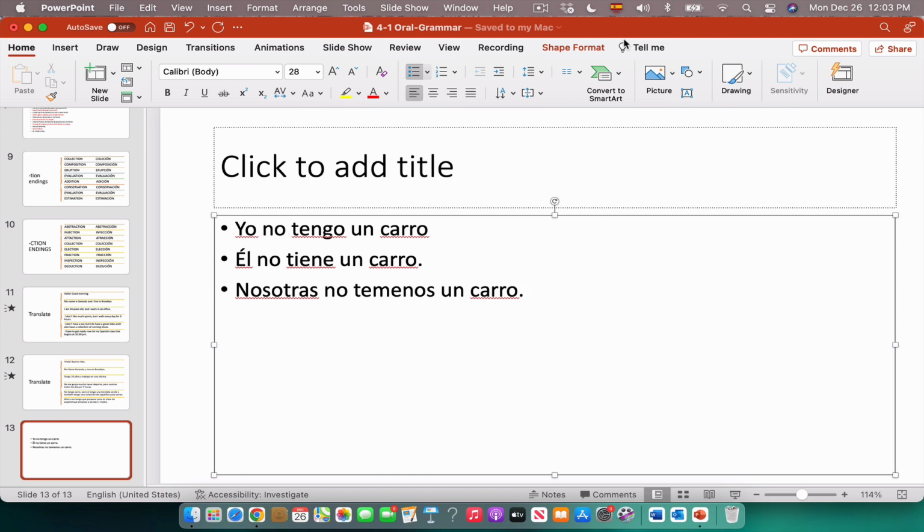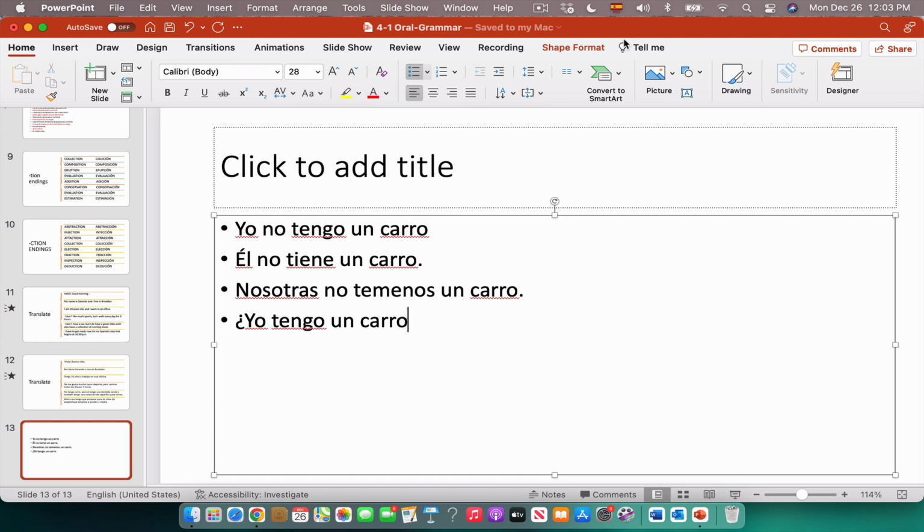If you want to sound like a question, it doesn't matter how you write the sentence, but you stress the verb. Tengo yo un carro or yo tengo un carro. So always goes like that. But if you write it, remember, you begin with a question mark, and then you can put it in different ways. You can say yo tengo un carro.